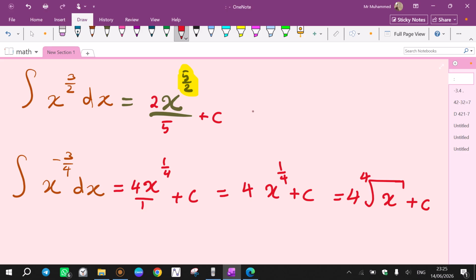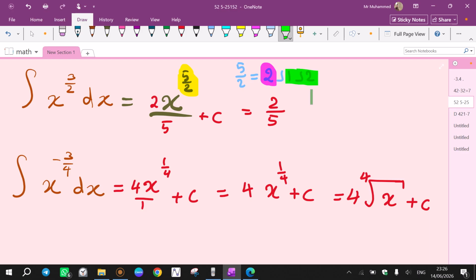Now, to simplify the first one, it's going to be 2 over 5, that's x power 5 under square root. But if I write 5 over 2 in calculator, calculator says 2, 1, 2. The first 2 literally means a whole number, 2, and the 1 over 2 means 0.5.